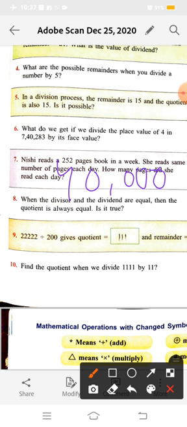So what is the place value of 4? 40,000. Its face value means what is the face value of 4? It is also 4. Face value of 4 is 4.